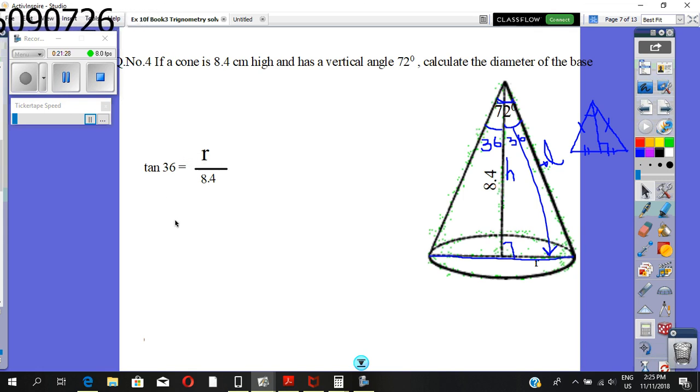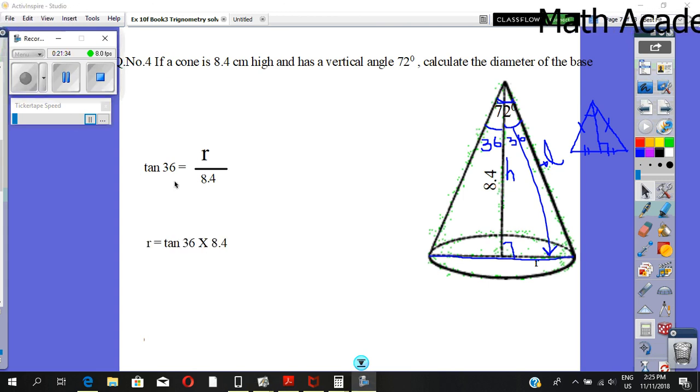Okay, first of all we're supposed to find the radius. By cross multiplication, here we have R equals tan 36 times 8.4.